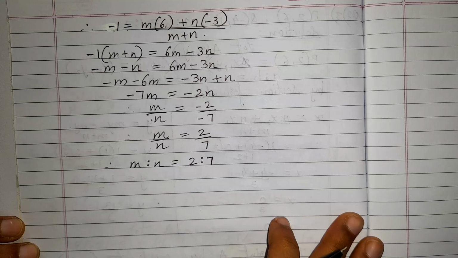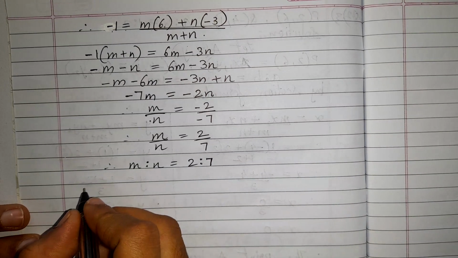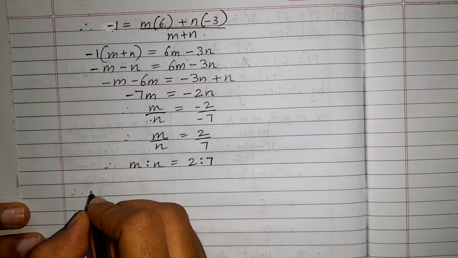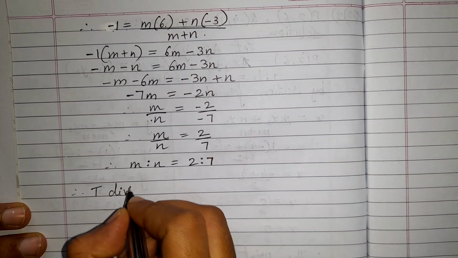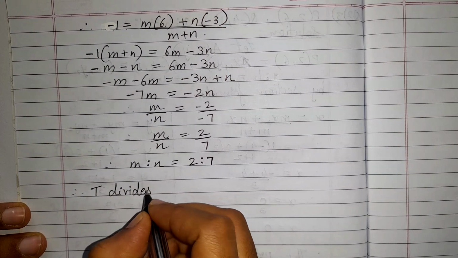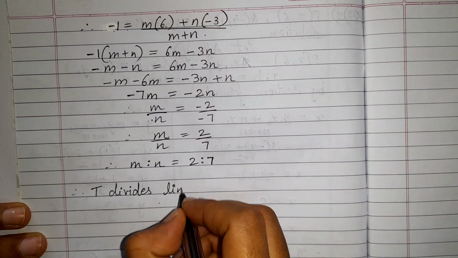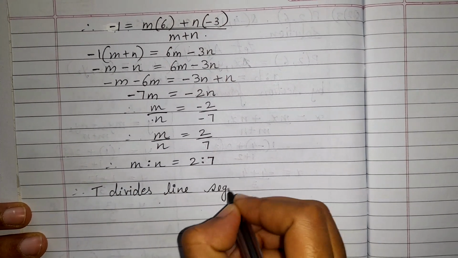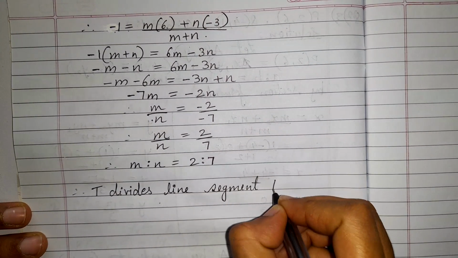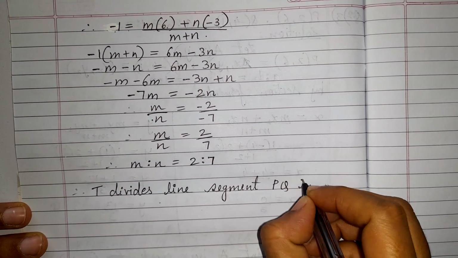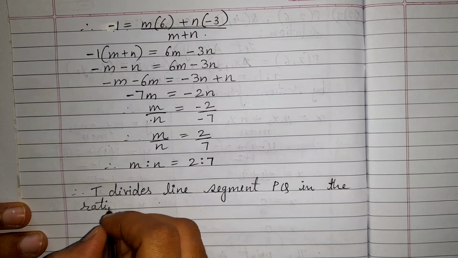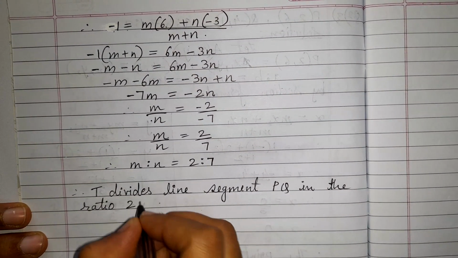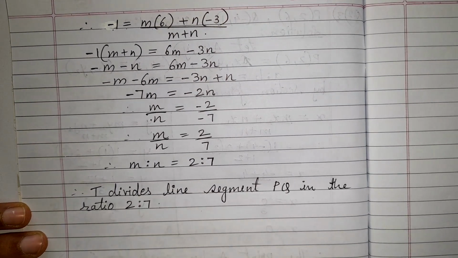Hence we can say that point T divides line segment PQ in the ratio 2 is to 7.